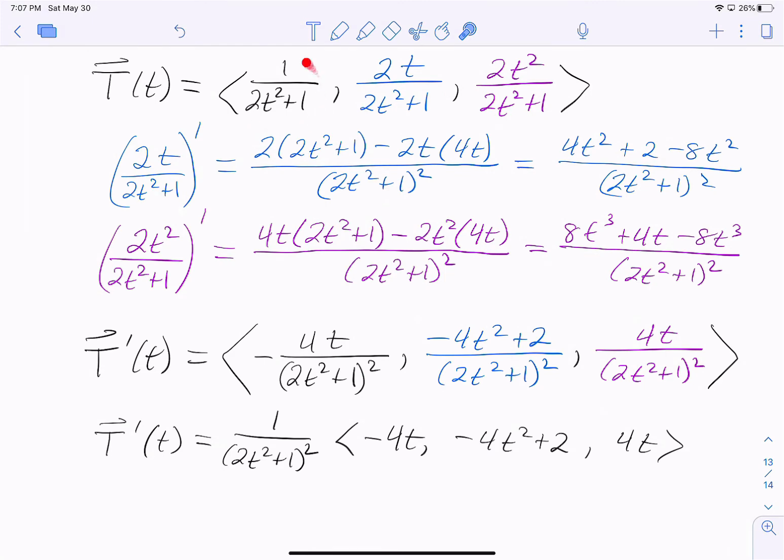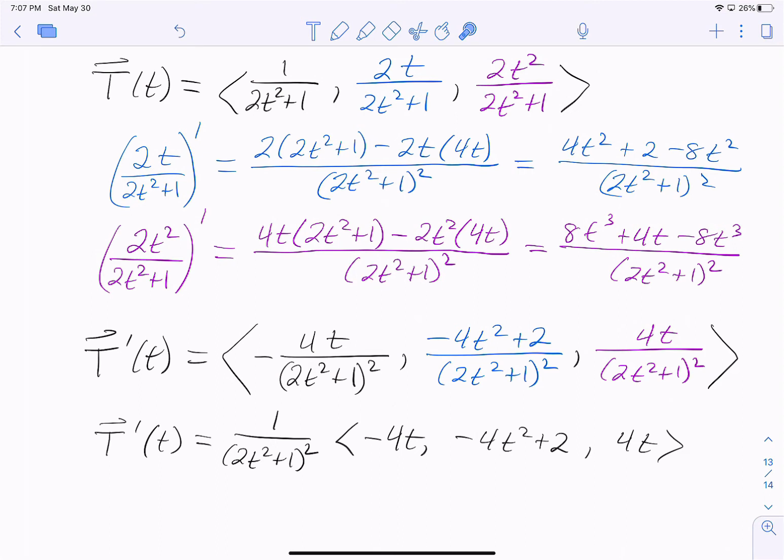For the i component of T, we're using the power rule and the chain rule. We end up with negative 4t divided by the quantity of 2t squared plus 1, the quantity squared. For the j component, we use the quotient rule on 2t over 2t squared plus 1.